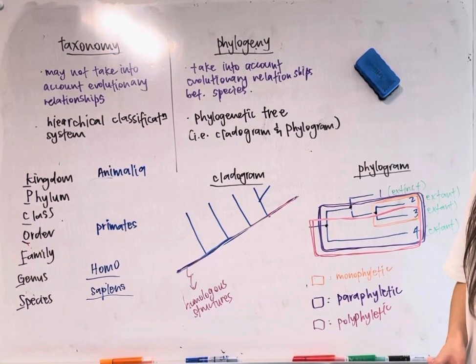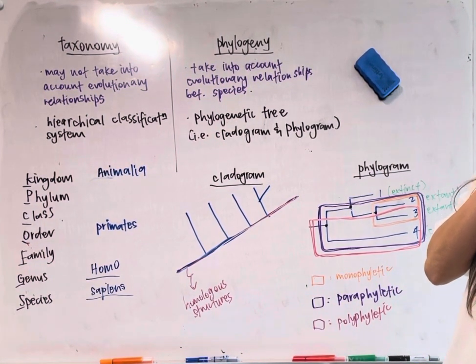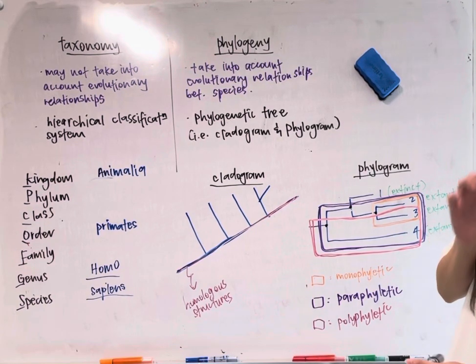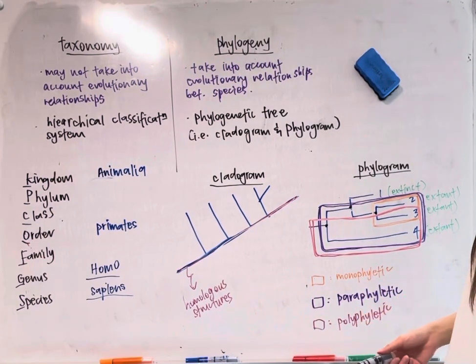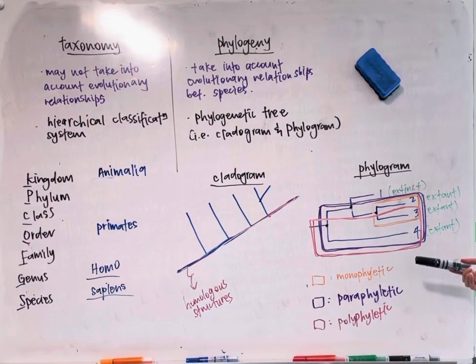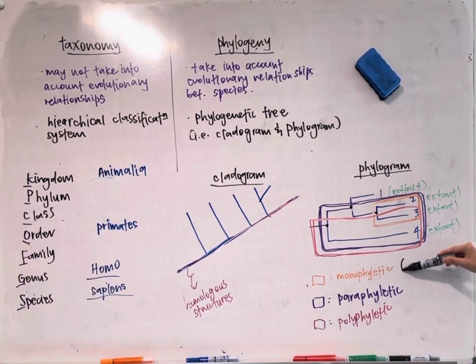Underline single common ancestor and all its descendants. So, Wani, with that, which one is actually a clade? Single common ancestor and all its descendants.